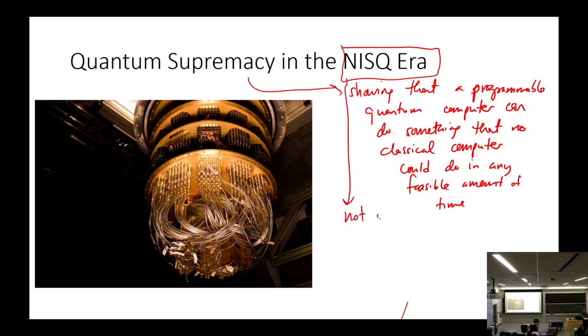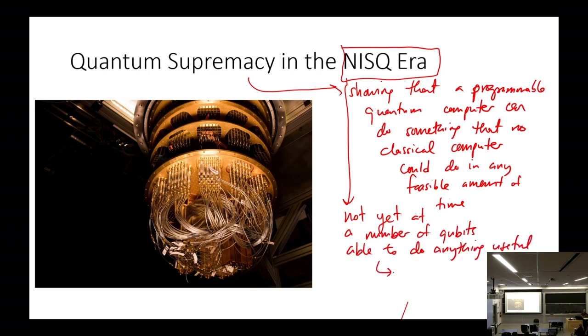We're not yet at a number of qubits that's able to do anything useful, including being fault tolerant and error correcting. Generally, people define the NISQ era as being up to about 1,000 qubits. People think that once we get beyond 1,000 qubits we'll be able to do something useful, but we're still pretty far from that.